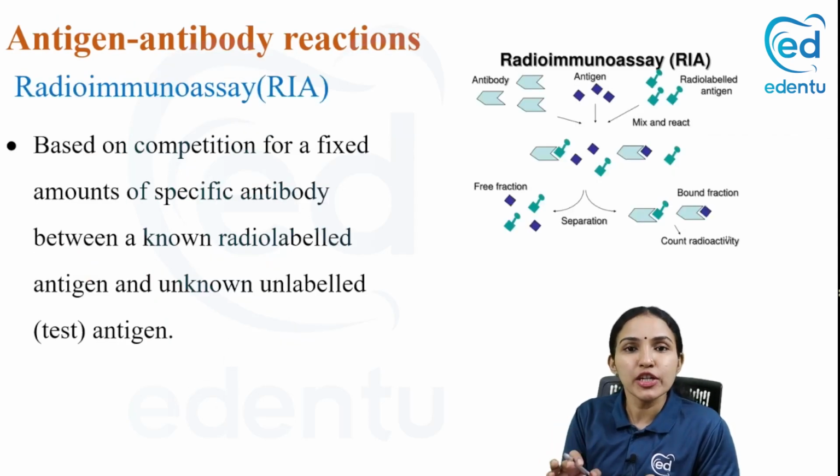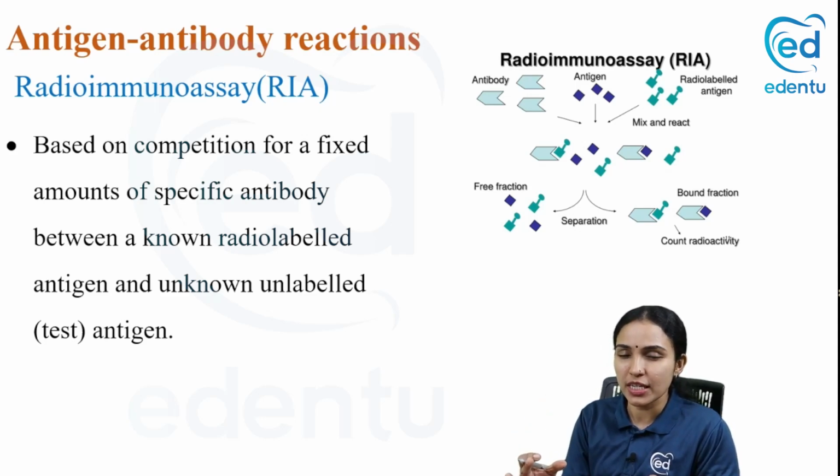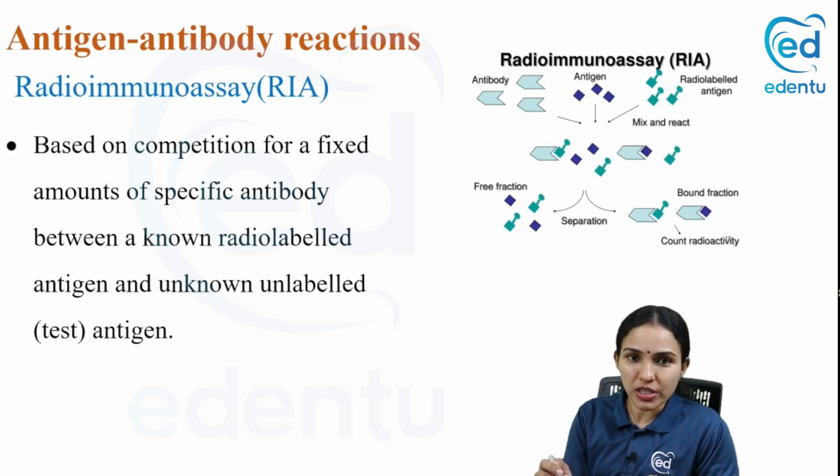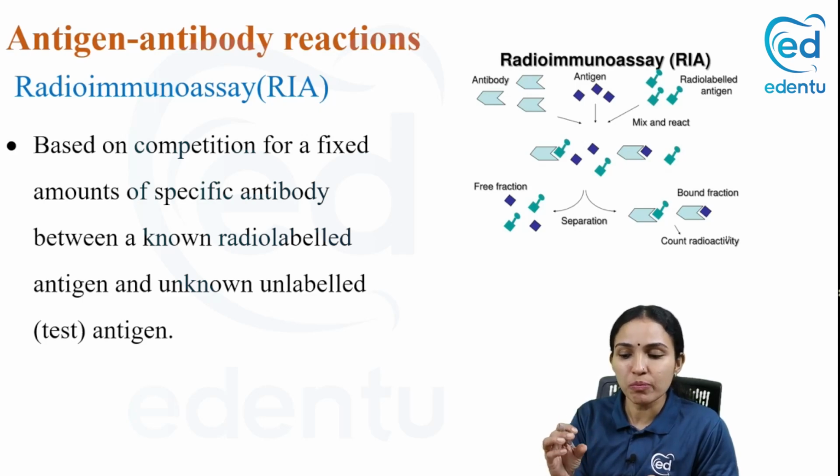And finally, about radioimmunoassay, you don't have to know much about it. It has a wide range of applications in the diagnosis of diseases, in detection of hormones, in various biochemical tests and so on. What you do here is use radio-labeled antigens. You label the antigens with a radioactive substance and you measure the radioactivity.